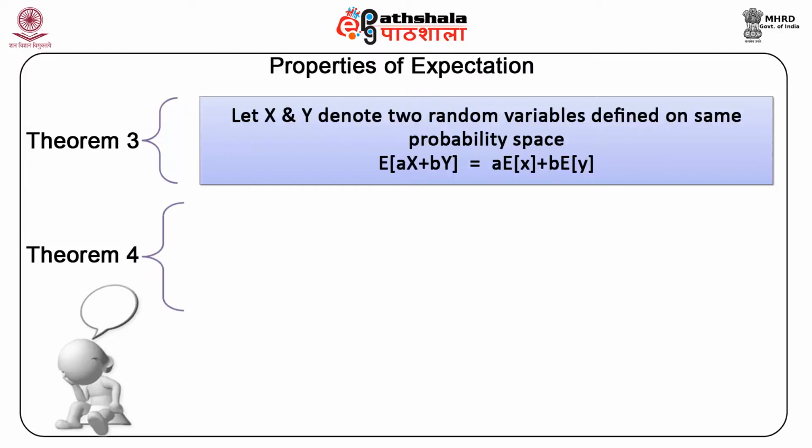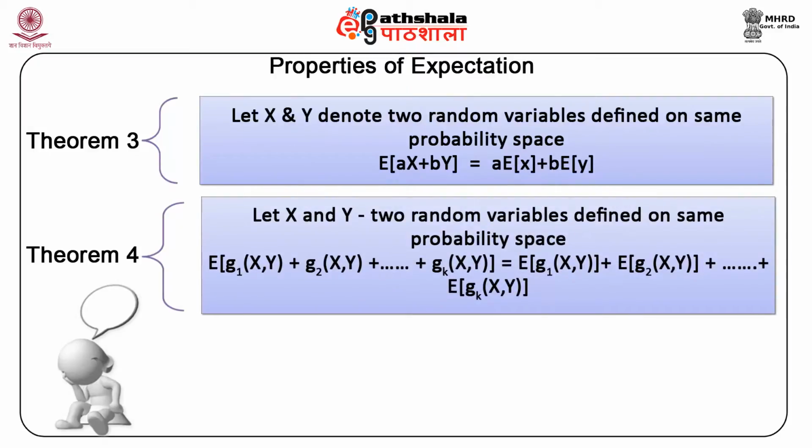Theorem 4. Let x and y denote two random variables defined on the same probability space, and let g1(x,y), g2(x,y), and gk(x,y) be functions of x and y. Then E[g1(x,y) + g2(x,y) + gk(x,y)] is equal to E[g1(x,y)] + E[g2(x,y)] plus, continuing till, E[gk(x,y)].